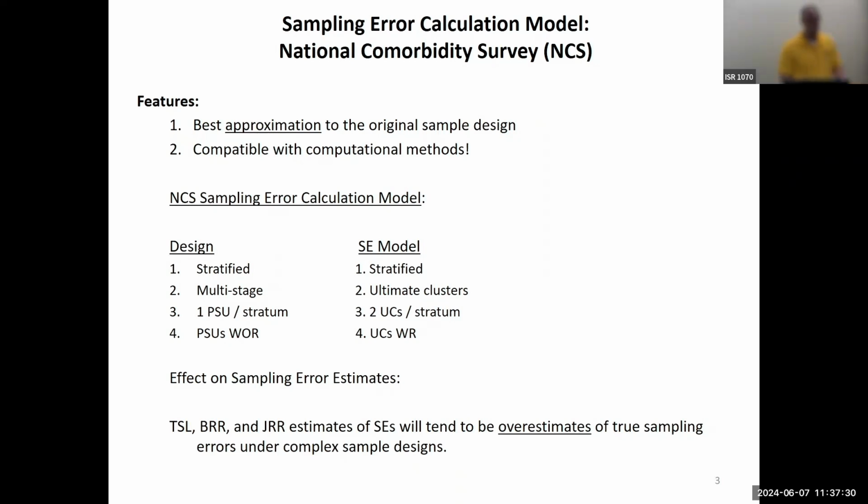We're going to go into this in more detail. Now, what does this mean for our standard errors? Because we're making all these approximations, when we use the different variance estimation techniques that we'll be talking about, like linearization and replication techniques, under these approximate sampling error models, the standard errors are going to tend to be overestimates of the true sampling variance that was associated with this original design.